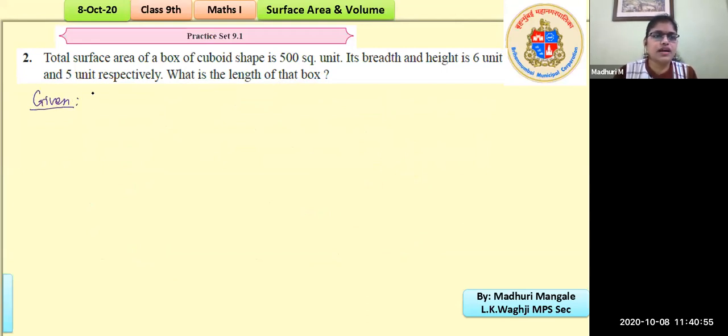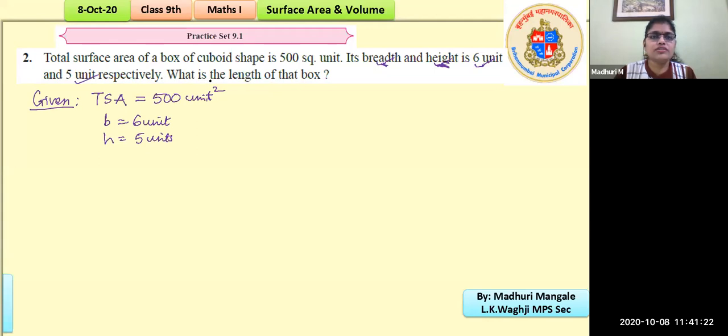We are given that the total surface area of the box is equal to 500 unit squared, right? And we are given the breadth. The breadth is 6 units and the height is equal to 5 units.